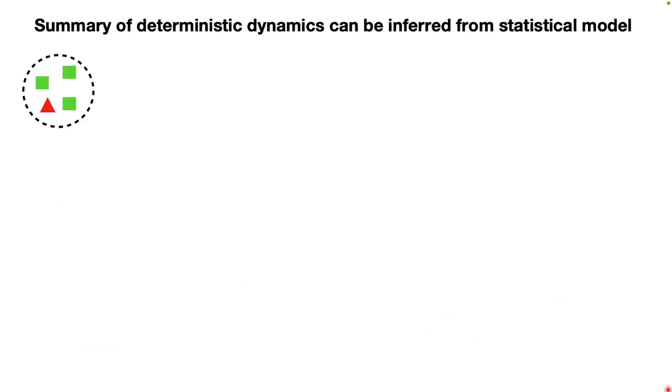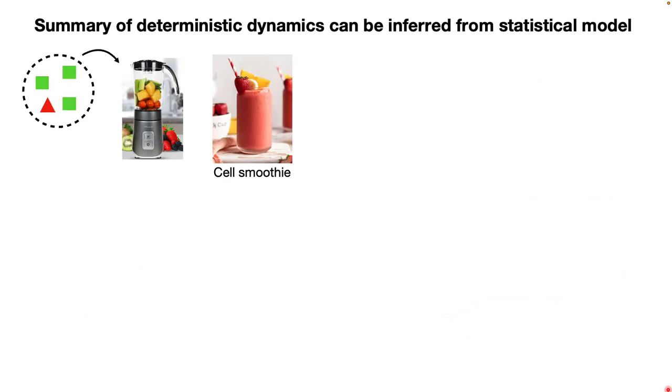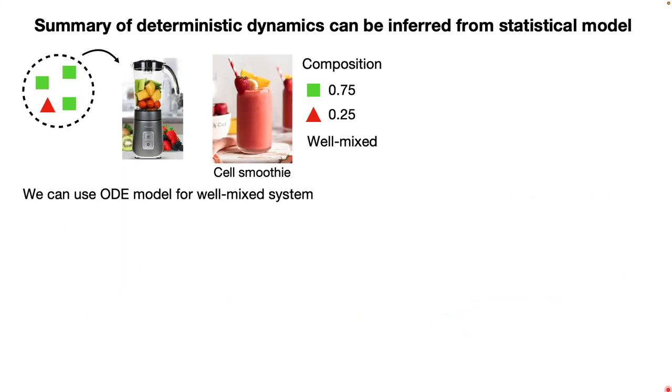Now, the next thing they can do is put these cells into a mixing machine, and they create some cell smoothie. This cell smoothie is composed of 75% green cells and 25% red cells. This is a well mixed condition. When we come to the well mixed condition, we can use ODEs for describing this system.